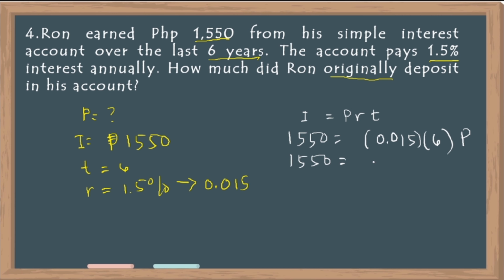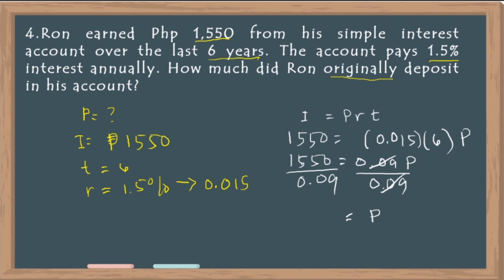Multiply lang natin 0.015 times 6. That's 0.09P. Now, to eliminate 0.09, divide lang natin both side by 0.09 to cancel out. So, ang natira na lang ay P, which is yan ang hinahanap natin.